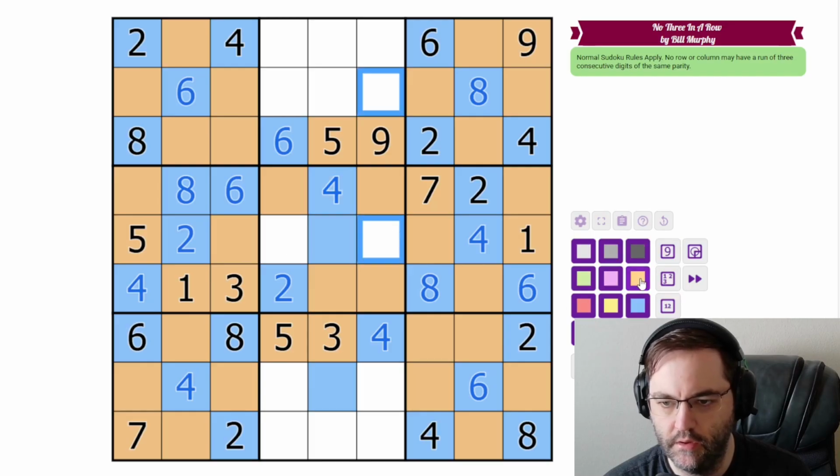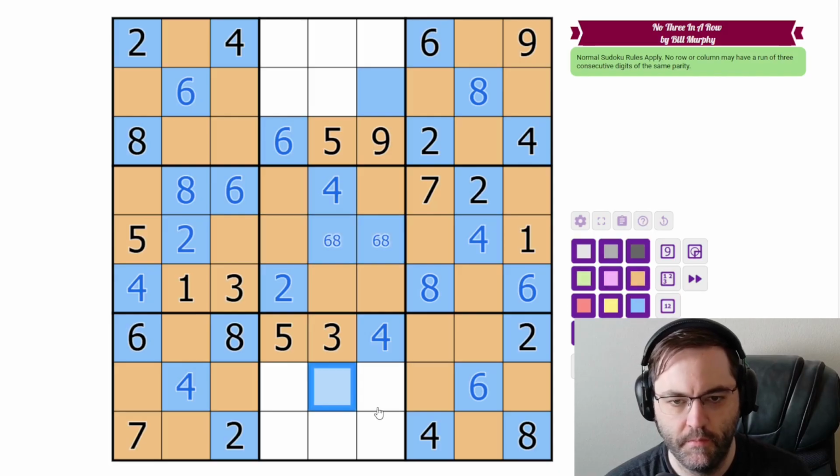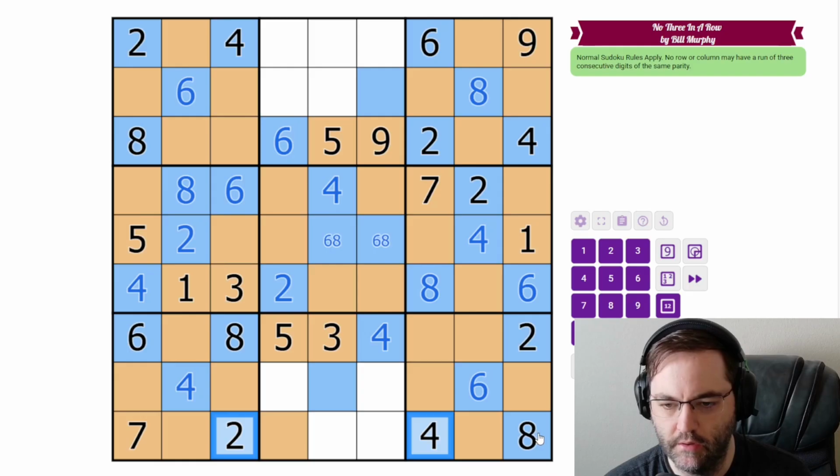The odds here, place even in those cells. So these are 6, 8. This is odd. This is odd because it can't be 6. And we have the other digits here.